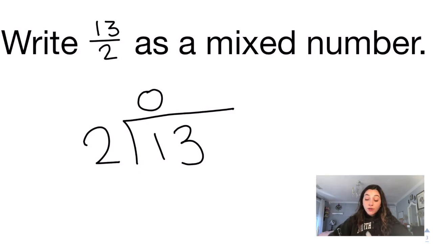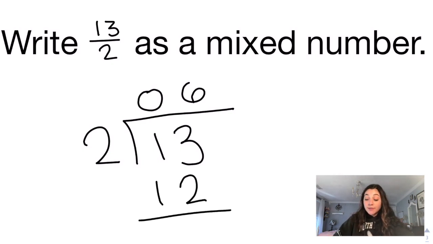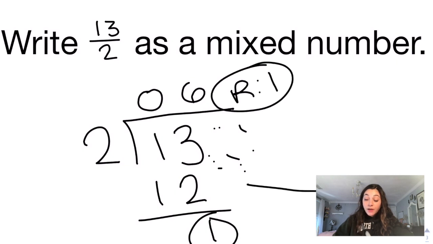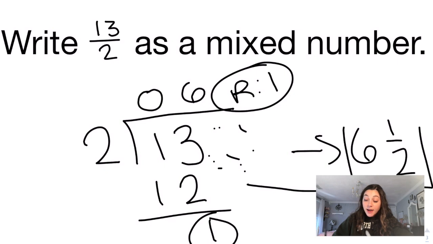Then 2 goes into 13 6 times, because 6 times 2 is 12. And then our remainder is 1 because there's no number over here. Our remainder is 1. So the mixed number is going to be 6 1/2.